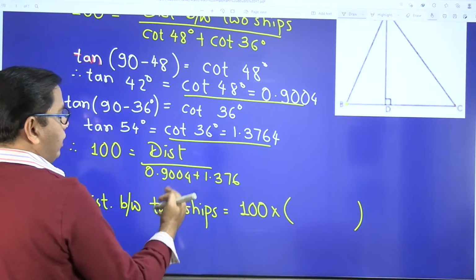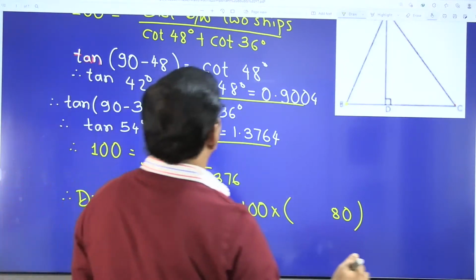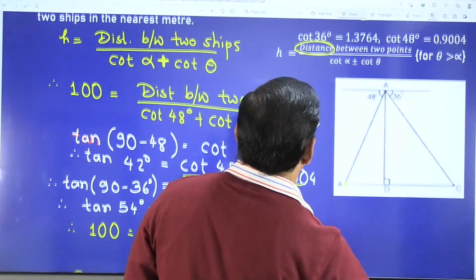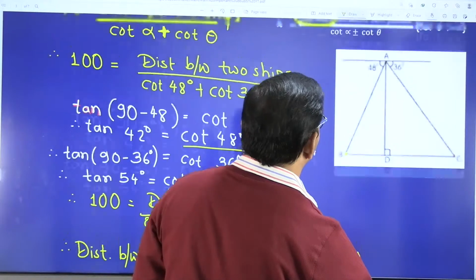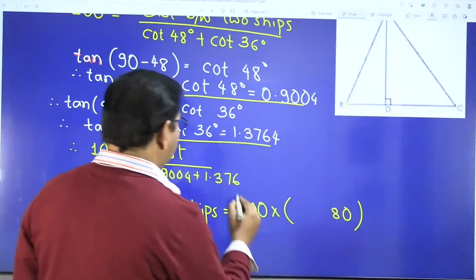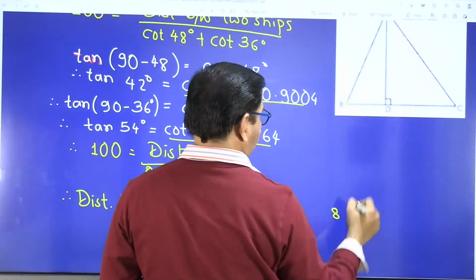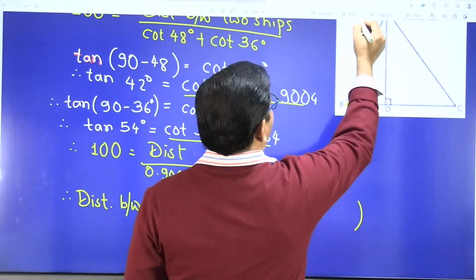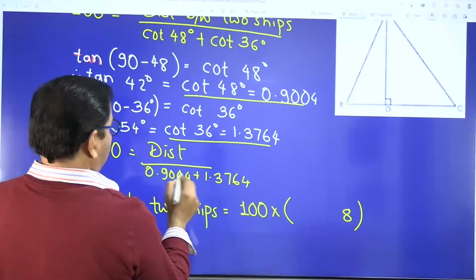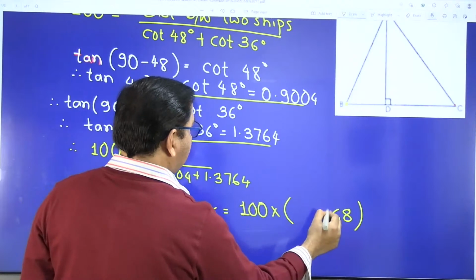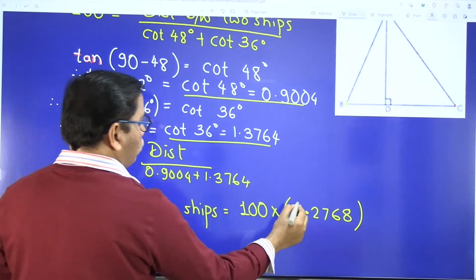How much is this? 4 plus 4 is 8. 0 plus 6 is 6. 0 plus 7 is 7. 9 plus 3 is 12. 1 carry, okay, 2 point this.